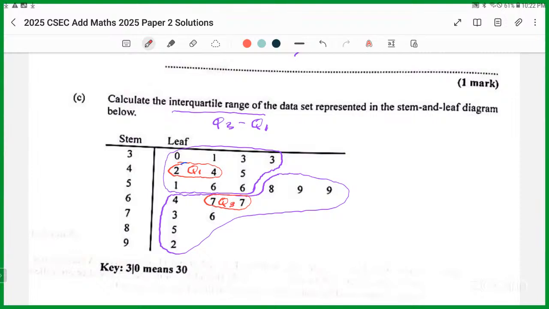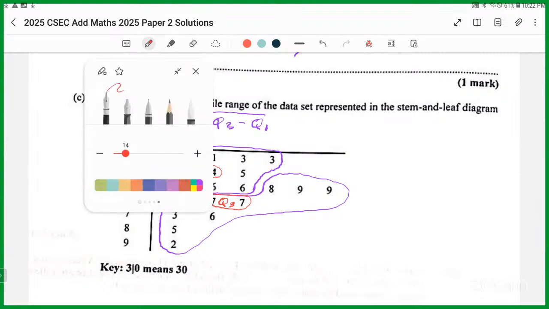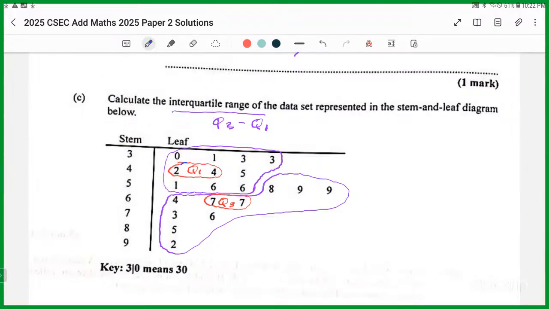We can also do it with a formula. There are 20 values, so N equals 20 in this data.